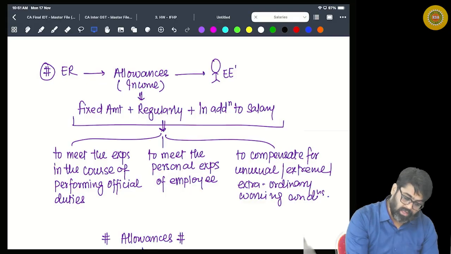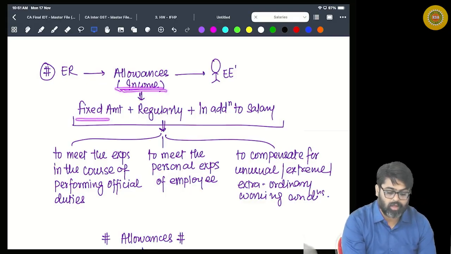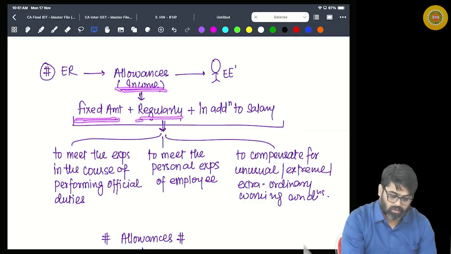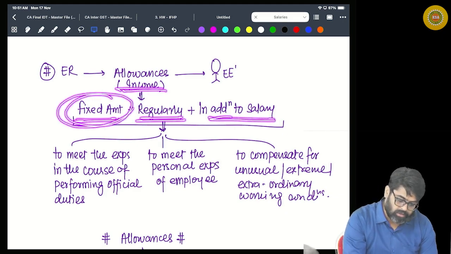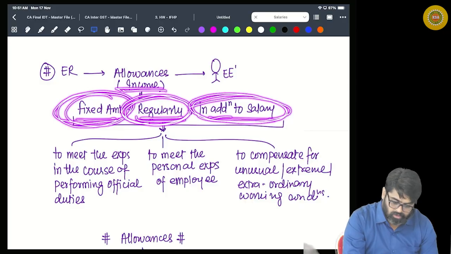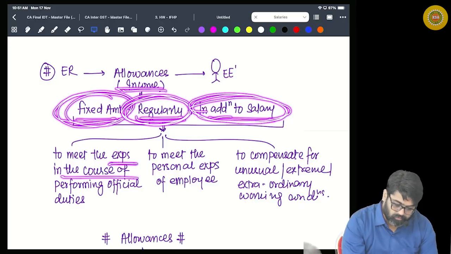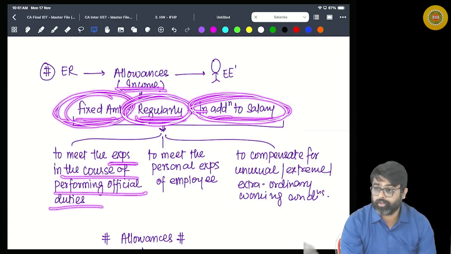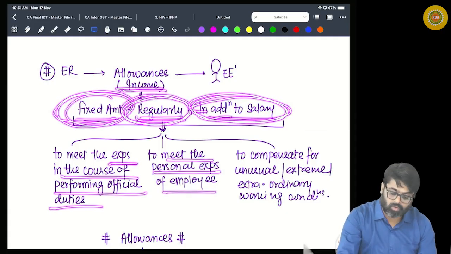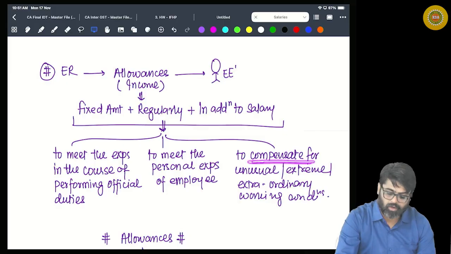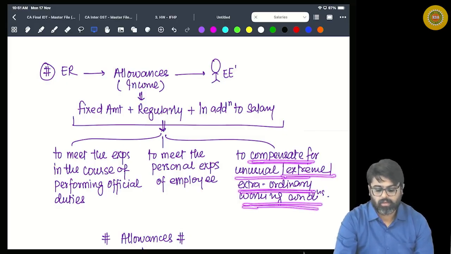Now what is the meaning of this allowance? Allowance is given in addition to salary to meet the expenses in the course of performing official duties, or to meet the personal expenses of the employee, or to compensate for unusual or extreme or extraordinary working conditions.